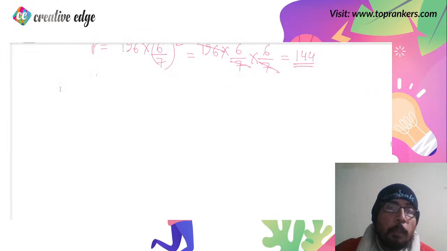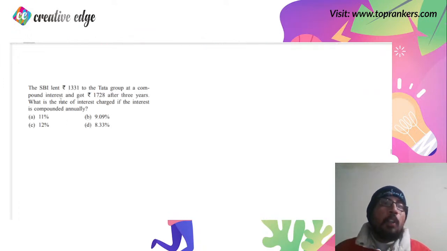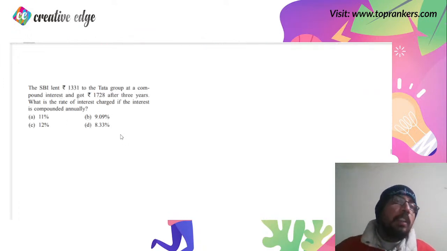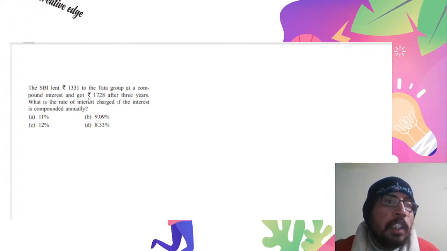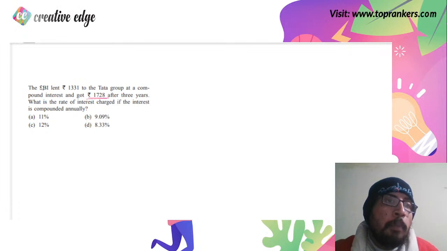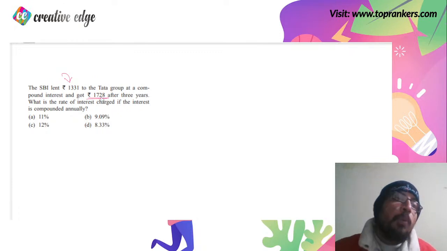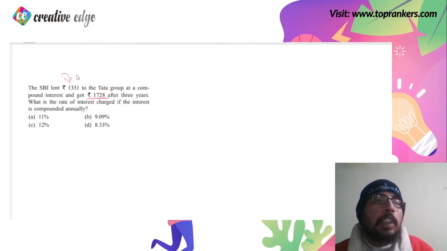Okay, now let's move to the next question. The question reads, the SBI lent 1331 to the Tata Group at a compound interest and got 1728 after 3 years. That means this 1331 is basically your principal and 1728 is your amount.